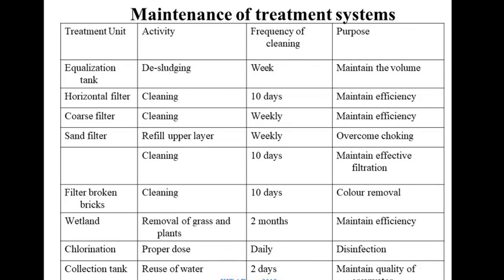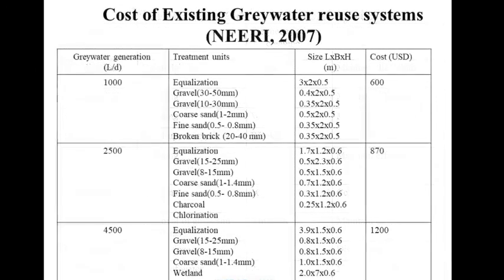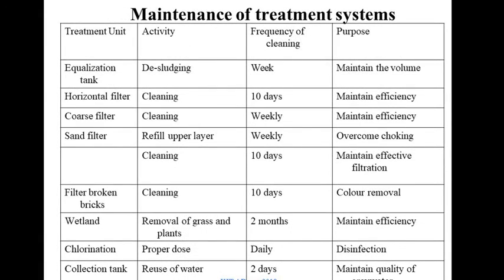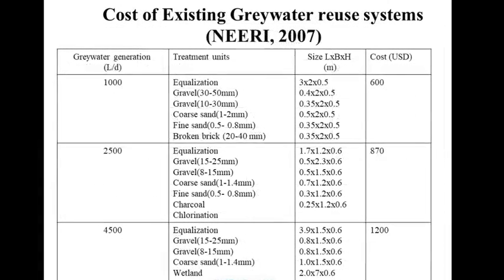Collection tank, which is used to reuse the water, so frequency of cleaning is 2 days to maintain quality of water. Okay, so these are the different maintenance items of the treatment system: equalization tank, horizontal filter, coarse and sand filter, broken bricks, wetland plants, chlorination, and collection tank.